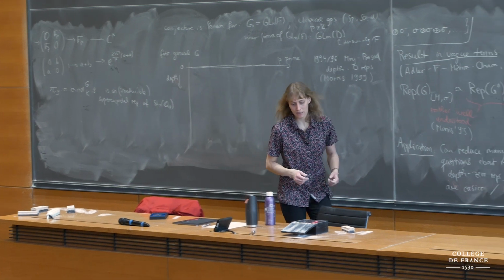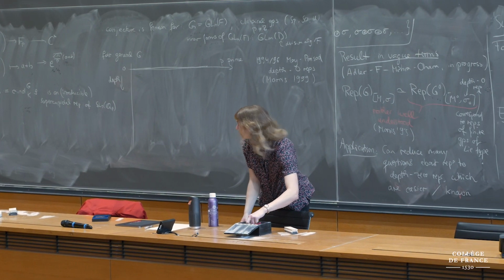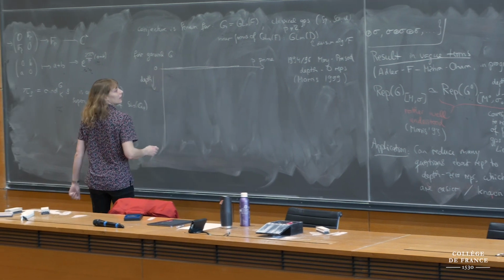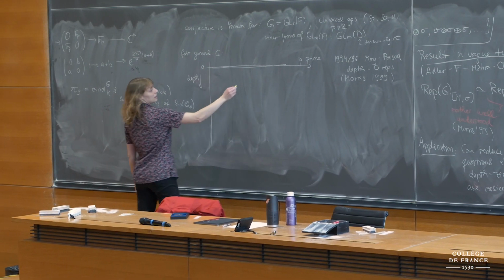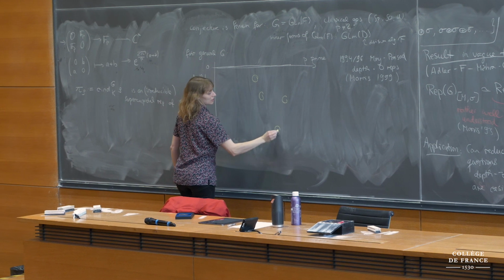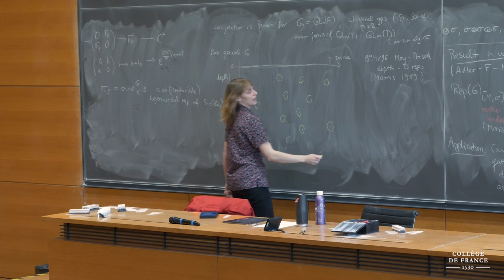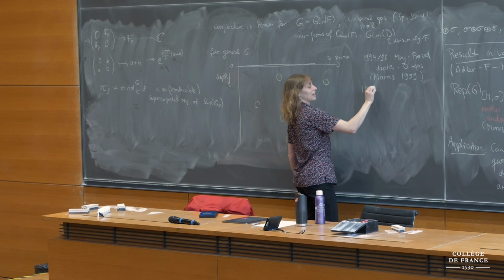And then people try to go deeper down in the ocean. And so then people try to construct representations that I'm now just writing as circles deeper down. And so that happened around 1998.